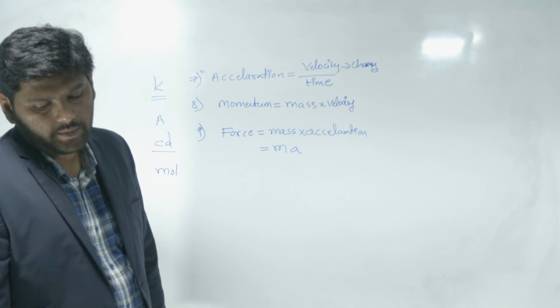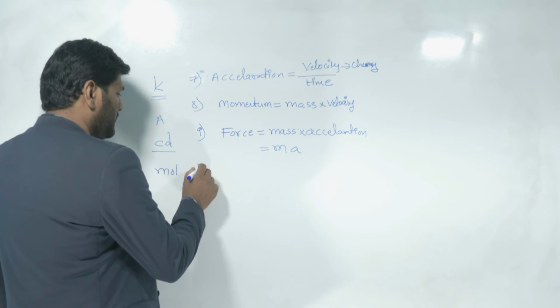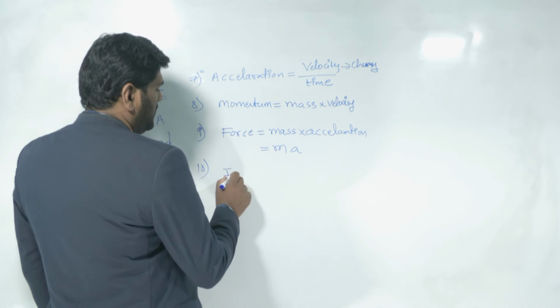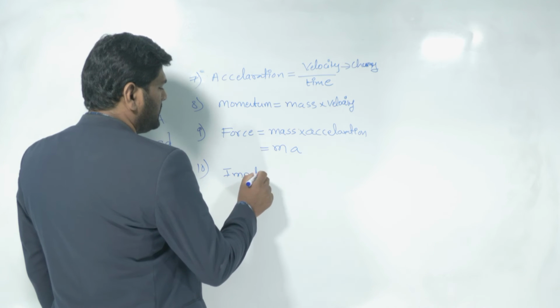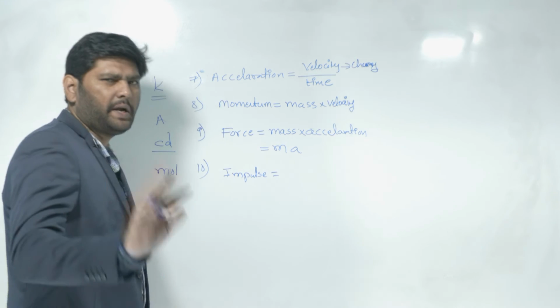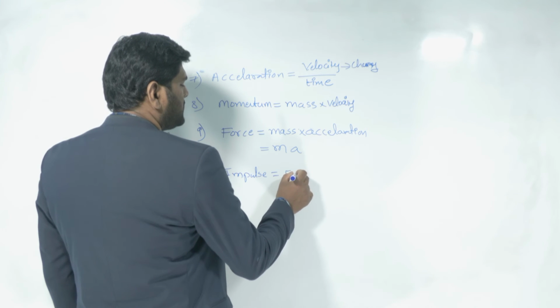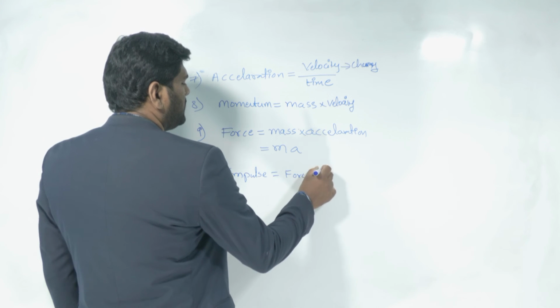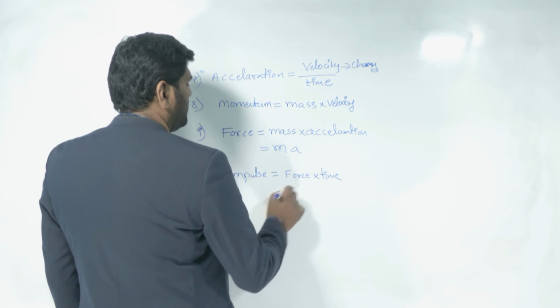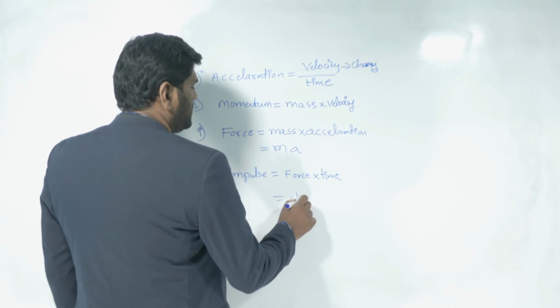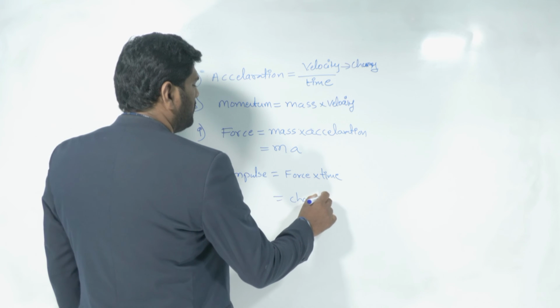Next, general formula for impulse, tenth question. Impulse we can write in two ways. First one is force into time. Next one is change in momentum.